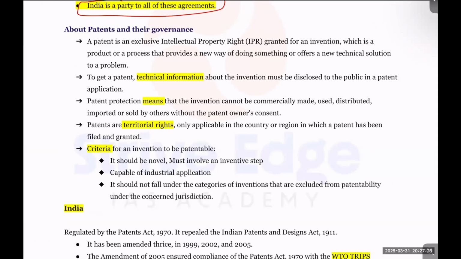So a patent is an exclusive intellectual property right. It is a right which is granted for an invention, which is a product or process that provides a new way of doing things.